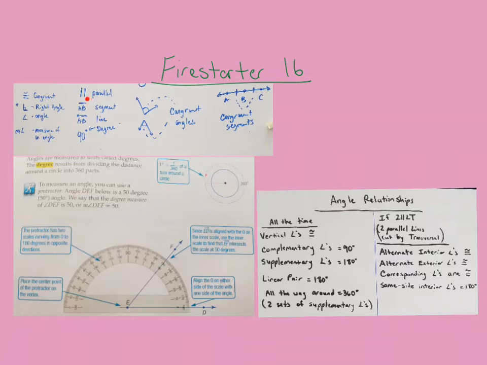Parallel. Parallel is just two bars. Mine are always slightly slanted. A lot of times on print, they are straight up and down. Segment. Two capital letters.